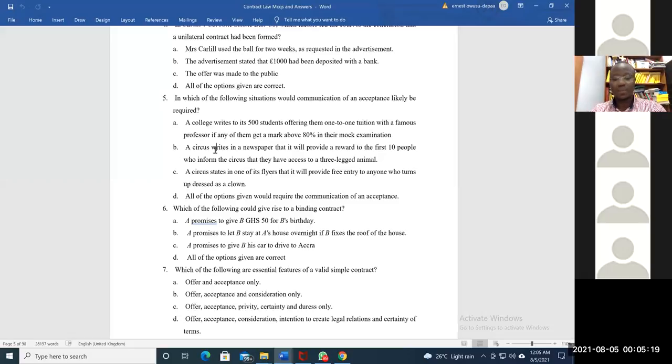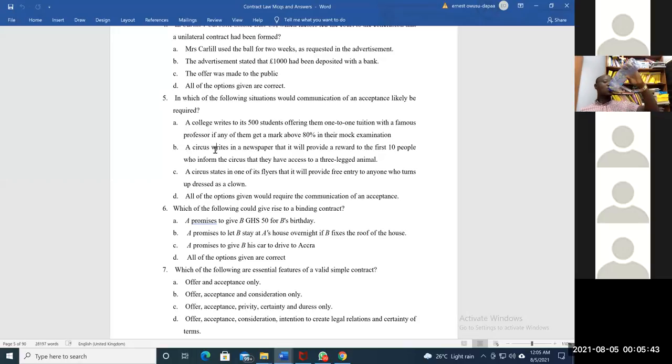So I think it is the B. If you look at A, it says they wrote to the students and are ready to offer one-on-one tuition to anybody who performs a specific act of getting an 80% mark in the exams. Okay, so that one is a no-no.